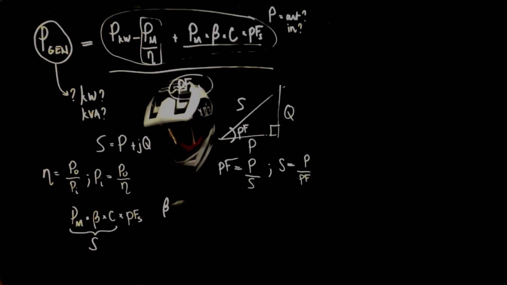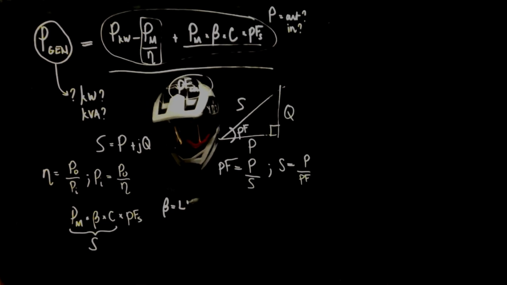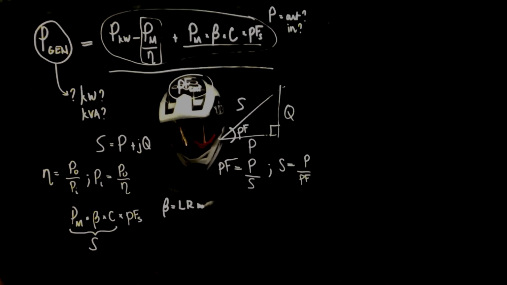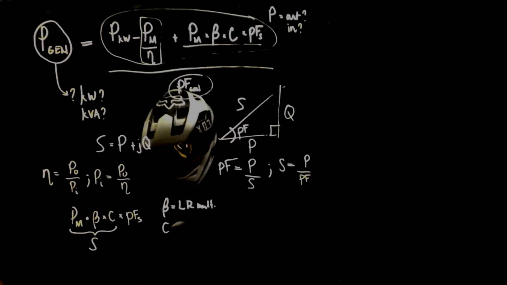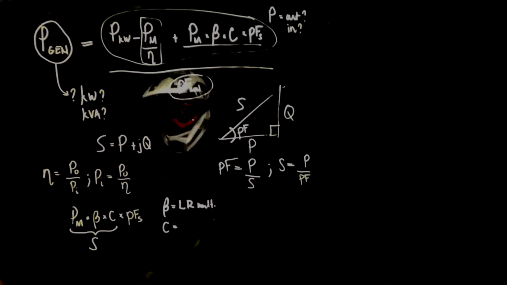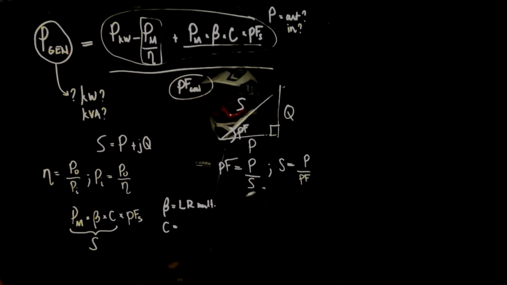Beta here is your locked rotor multiplier. Your C is the multiplying factor which is based on what controller or starter you're going to have. It would be direct online, or Y-delta, or soft starter, or whatever.